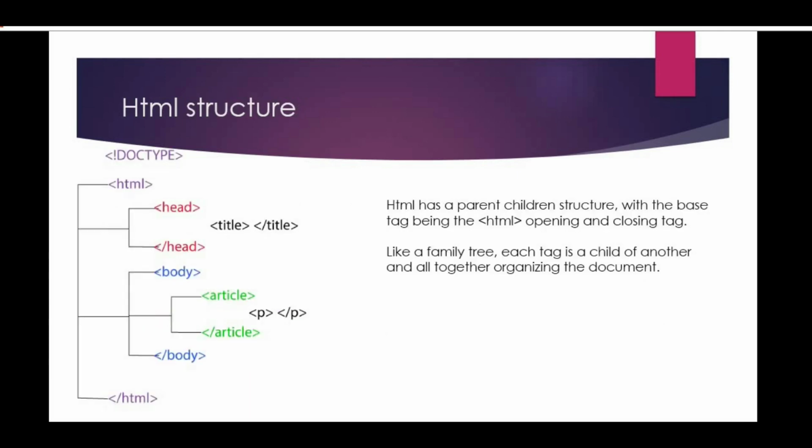The basic HTML structure comprises a parent-child relationship. That is how HTML is. Tags or elements are nested inside of each other. That's how the HTML structure is. It involves a parent-child relationship.